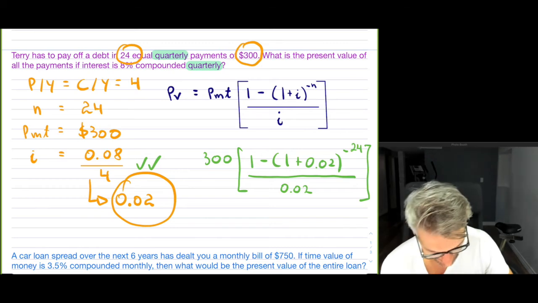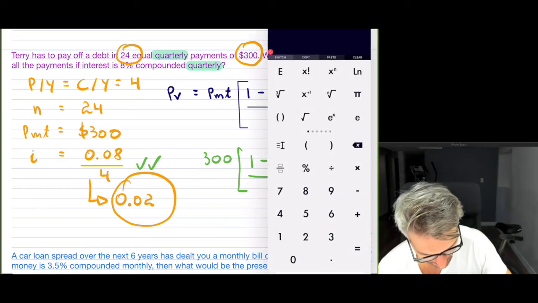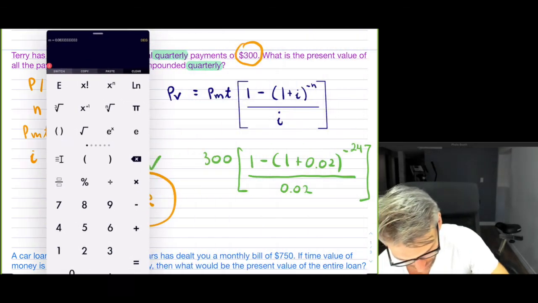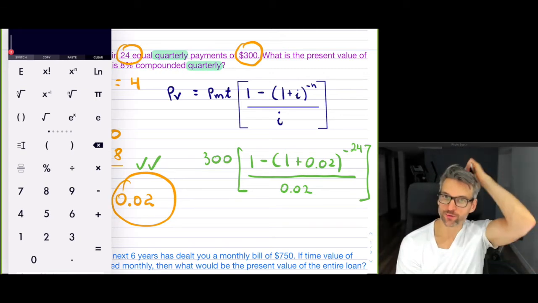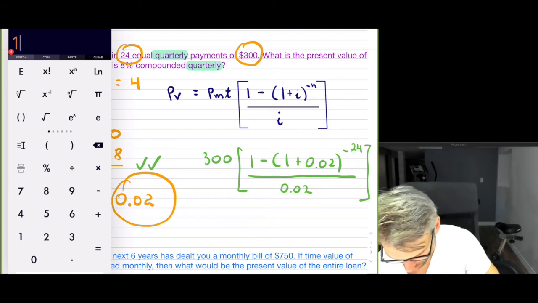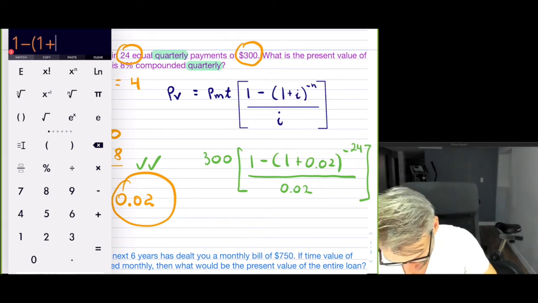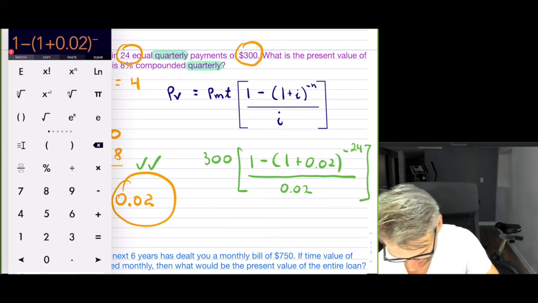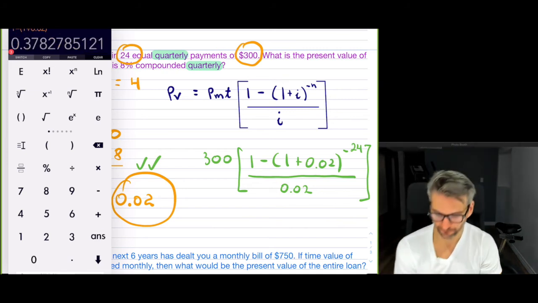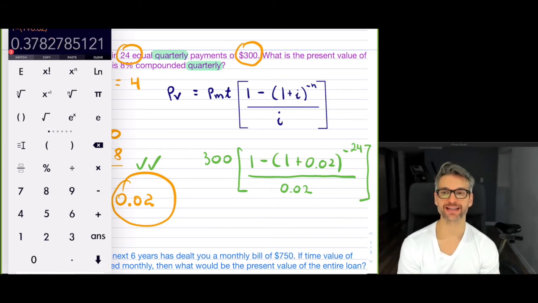Now let's take out our calculator and see what happens. Again, take your numerator within your brackets first. So we have 1 minus, open bracket, 1 plus 0.02, close bracket, to the exponent of negative 24. That's equal to that.